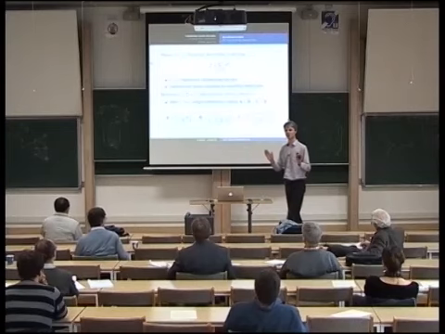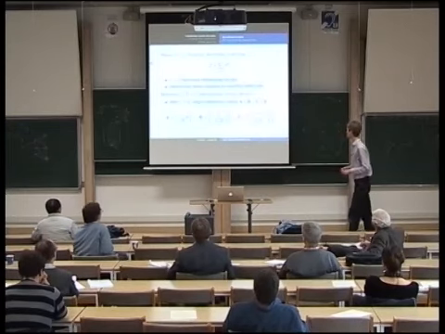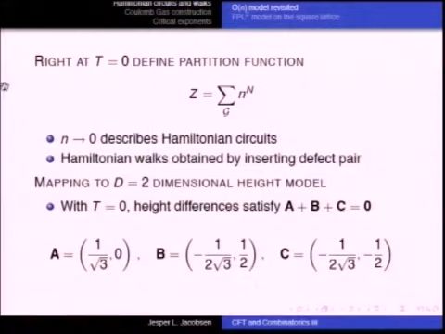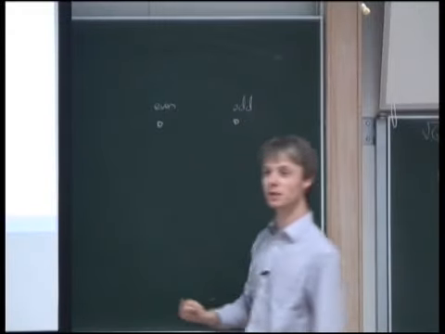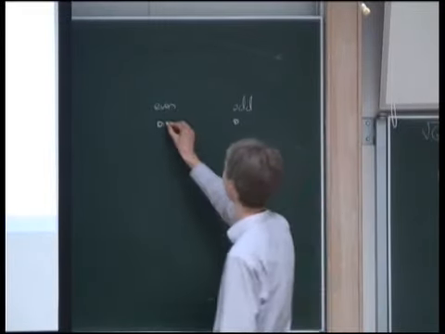And now I'm going to show that this model is going to give me a height model where the height is not a scalar anymore. It's a 2-dimensional vector. And how would I argue that? Well, the lattice is bipartite, right? So if I take here an even vertex and here an odd vertex, there are 3 things which can happen on an edge.